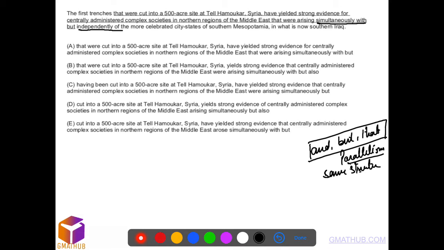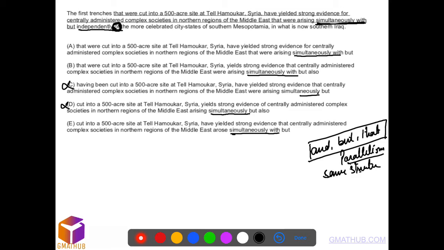So simultaneously with, now independently of is not underlined, so independently of is the right usage. Simultaneously with is right. Where simultaneously with is not used, that option is out.